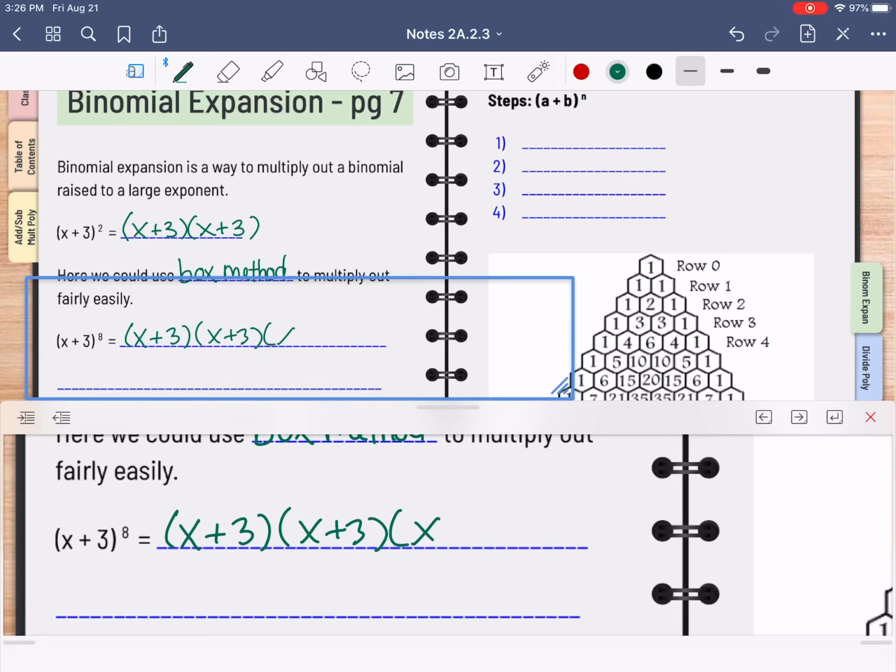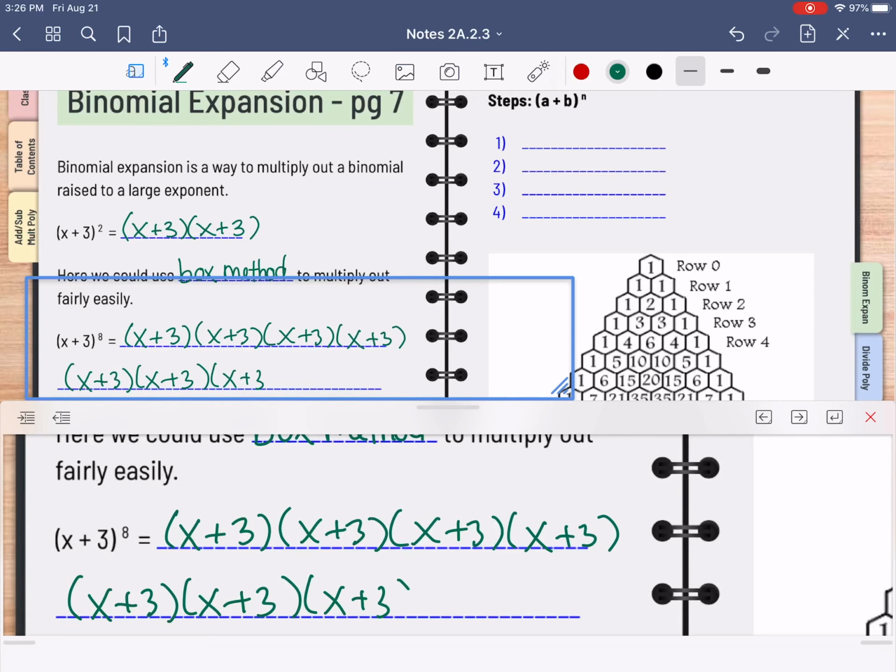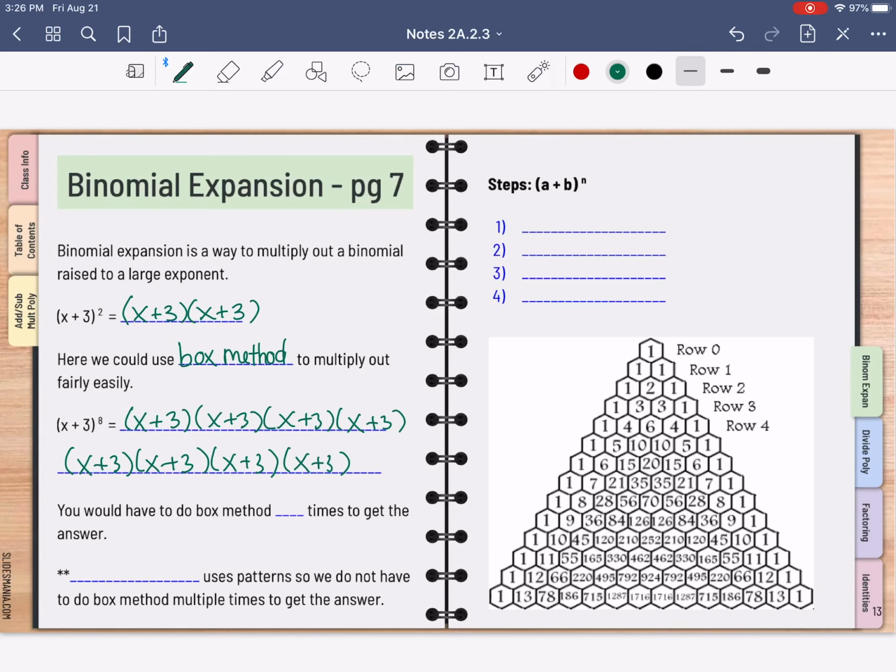So you're going to type out x plus 3 8 times being multiplied. That's going to be a lot of work to multiply out x plus 3 times itself 8 times. You would actually have to do box method 7 times in order to get to your answer. That is a lot of work.